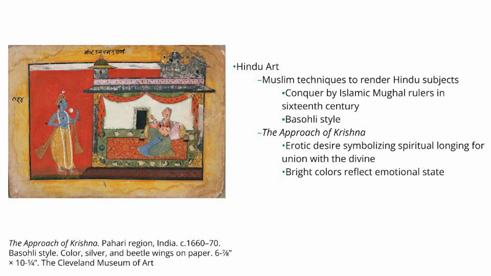Now, this example is called The Approach of Krishna, and in it, there's a sort of erotic tension between Krishna and this devotee here, and this erotic desire is supposed to symbolize the spiritual longing for union with the divine, and also the very bright, vivid colors reflect the emotional state. It's quite joyful, actually.